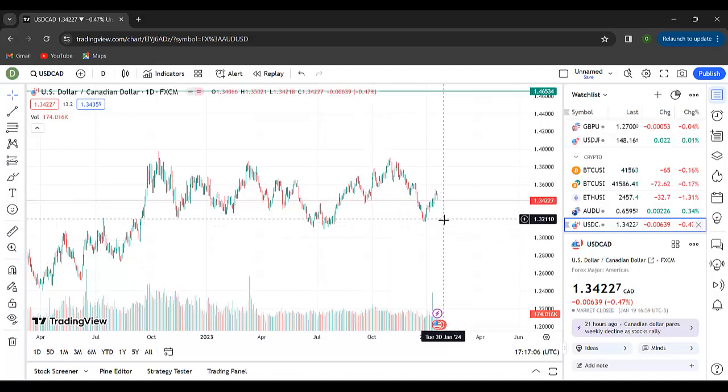Price could actually sell down here. This is short term from the daily time frame. Price could sell down here or here, before it buys to the resistance zone.